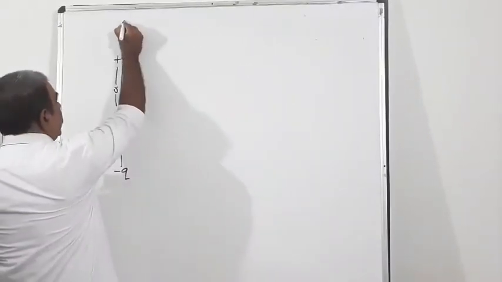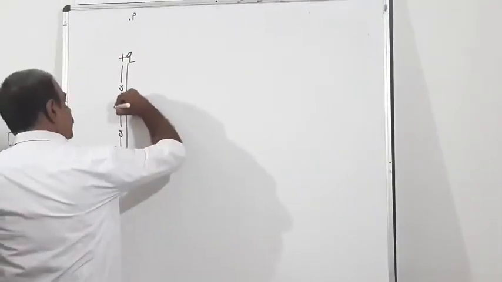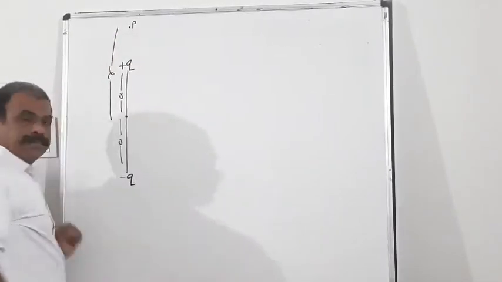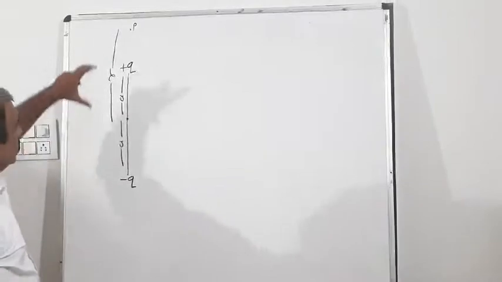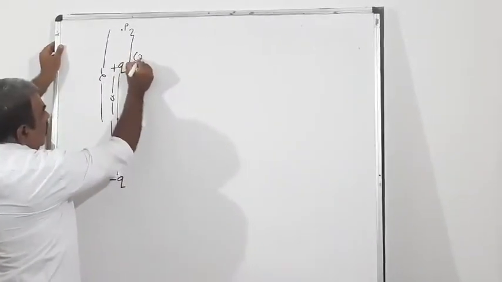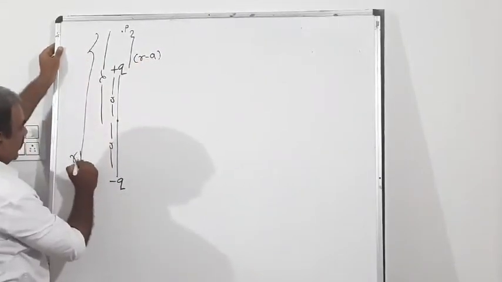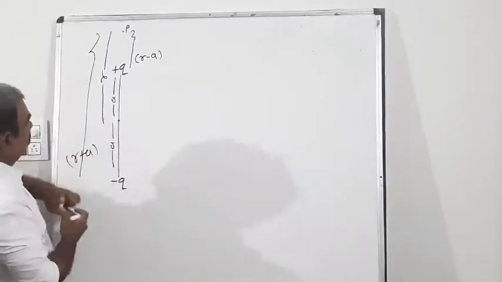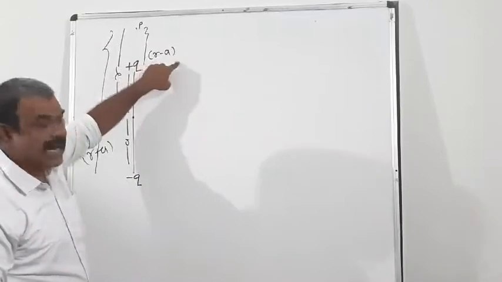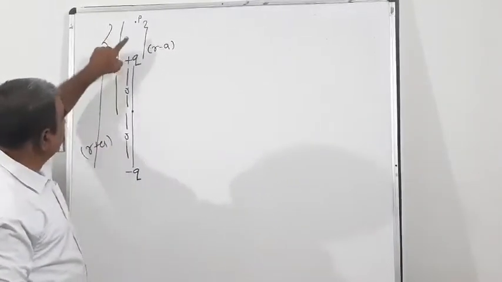So, let's take a point, for example, any point P. From the center of the dipole, this point is at distance R. So naturally, the distance of point P from the plus Q charge is R minus A, and from the minus Q charge it is R plus A.